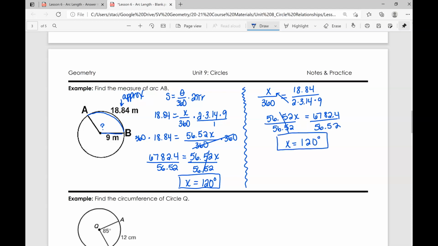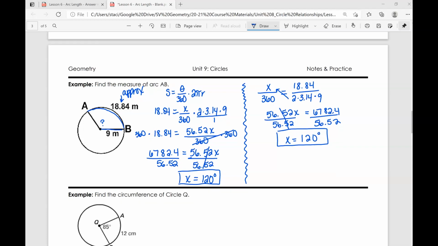So either method, we get the exact same answer. It just depends on what makes more sense to you. Some students go back and forth between which formulas they use. Sometimes they prefer the proportion, and other times they prefer the fraction times the circumference. You can decide which formula works better for you and in which cases. All right, let's do one more.